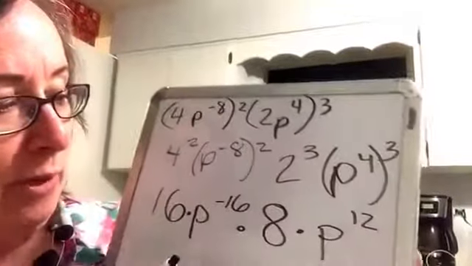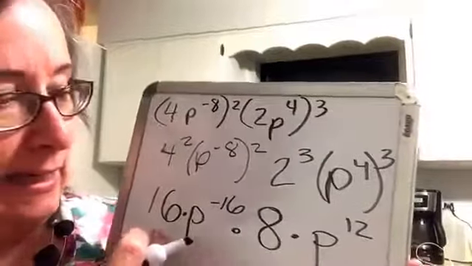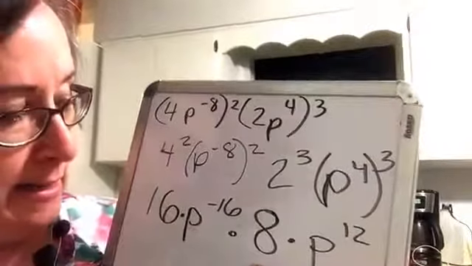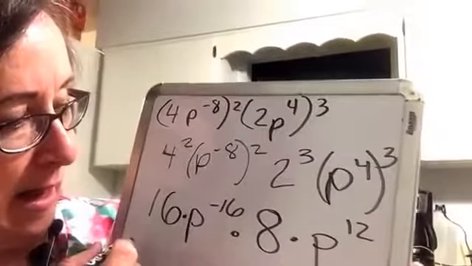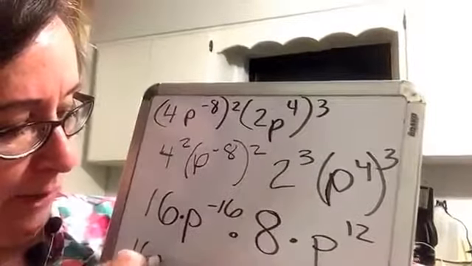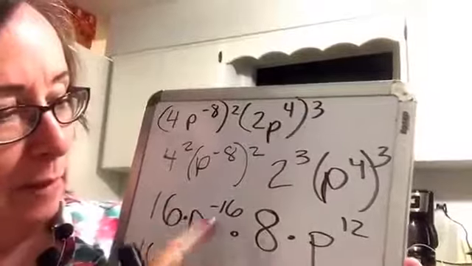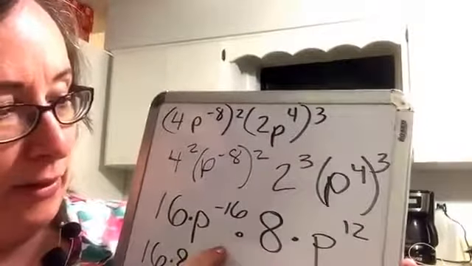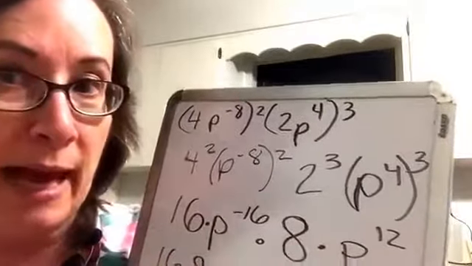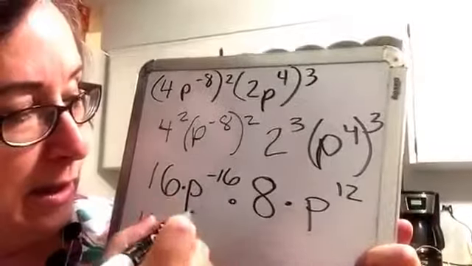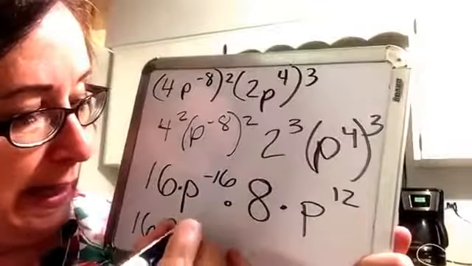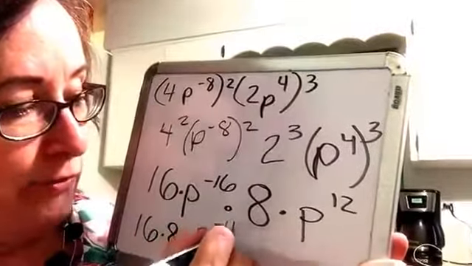So now I'm going to multiply the 16 times the 8, and I'm going to figure out what that is in a minute. And then I'm going to multiply the p's together. And when I multiply, I add their exponents, which will give me a p to the negative 4.